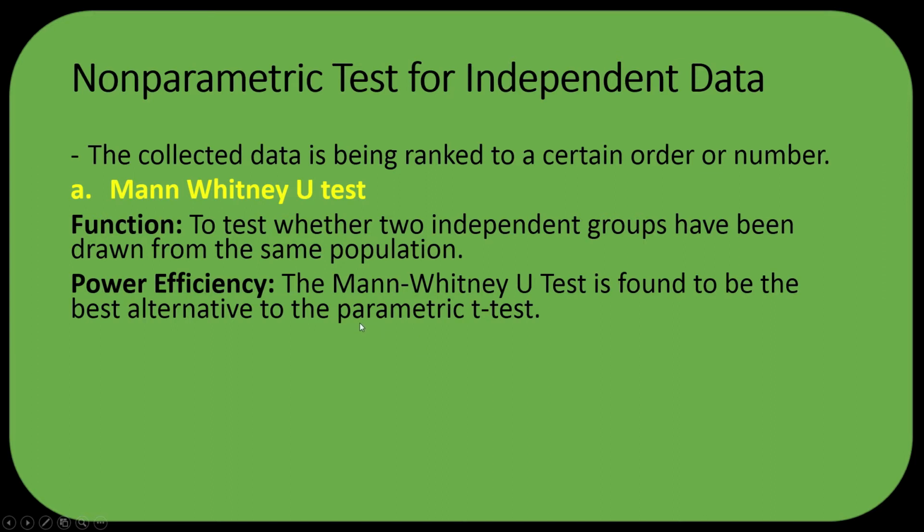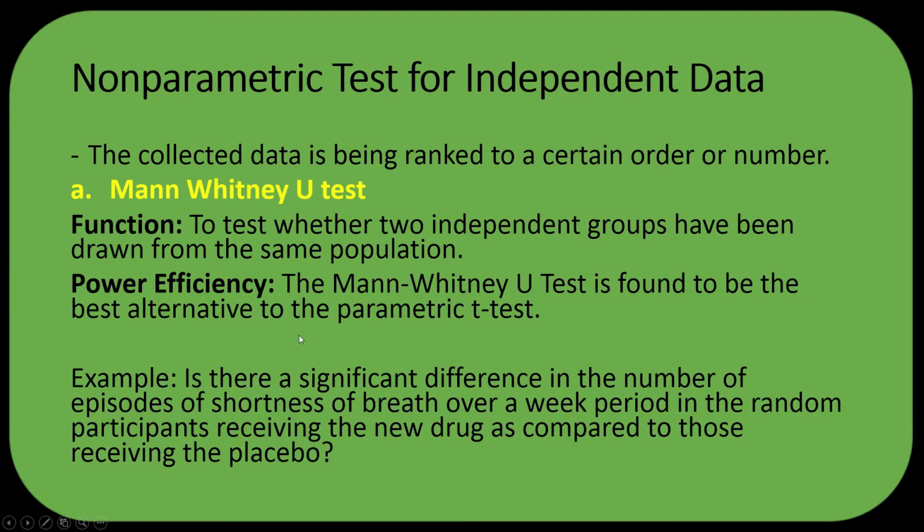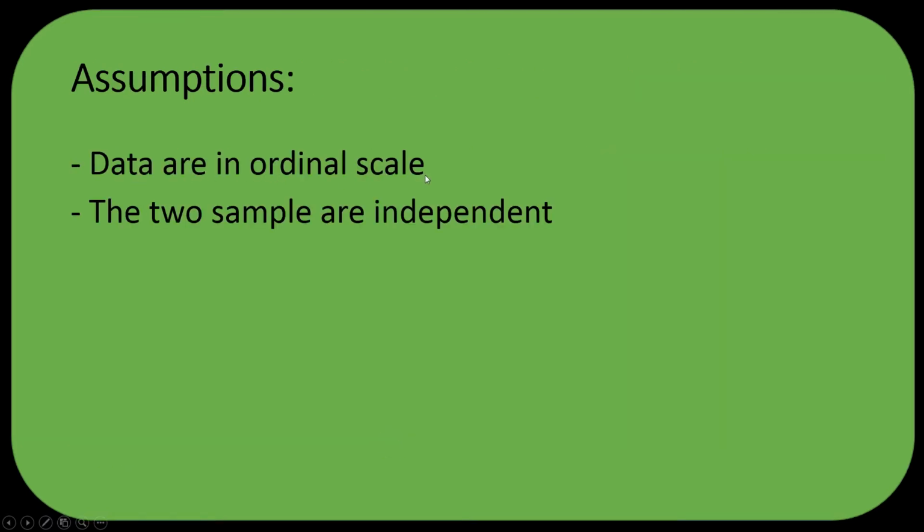Example, is there a significant difference in the number of episodes of shortness of breath over a week period in random participants receiving the new drug as compared to those receiving placebo? Data are in ordinal scale and the two samples are independent.